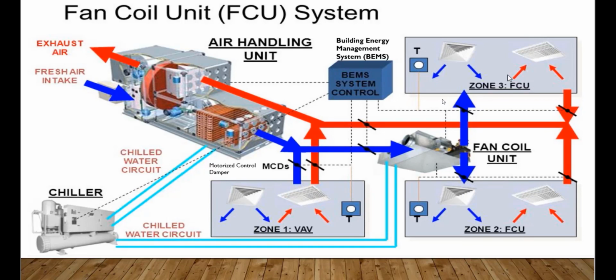And we have the terminals in the zones, different zones. We have here, for example, one fan coil unit integrated. It has the chilled water supply and return coming from the plant, from the chiller, and we have the ducts to the outlets, which are the diffusers and the grills.